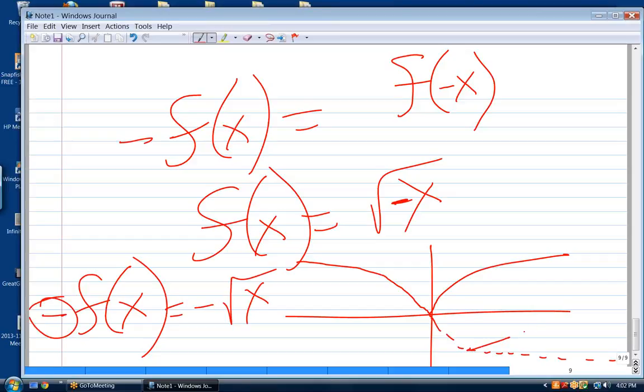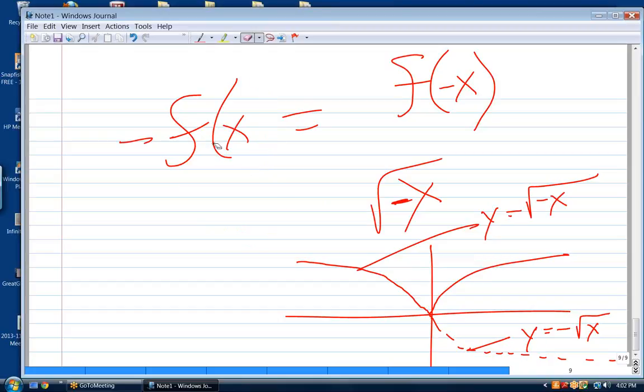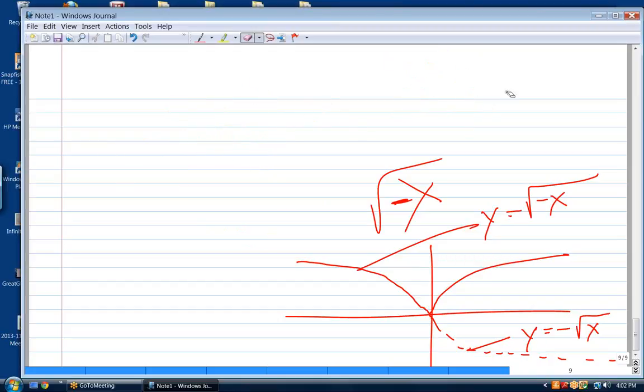So this one here is y equals minus square root of x, and this one here is y equals square root of minus x. Okay? So as far as your reflections, that's all that matters, is whether it's minus f of x or f of minus x. It's kind of like the difference between even and odd functions.